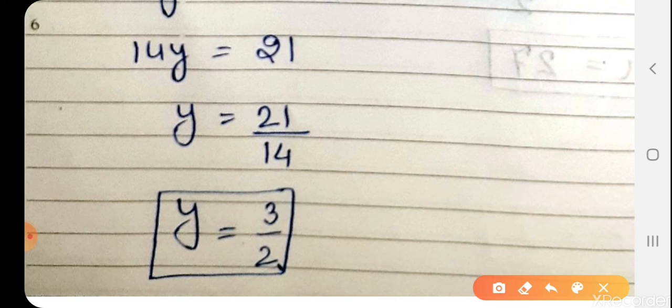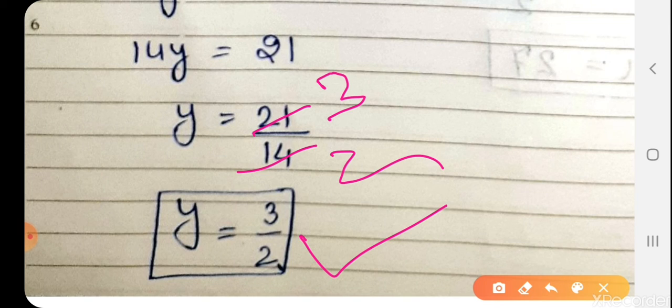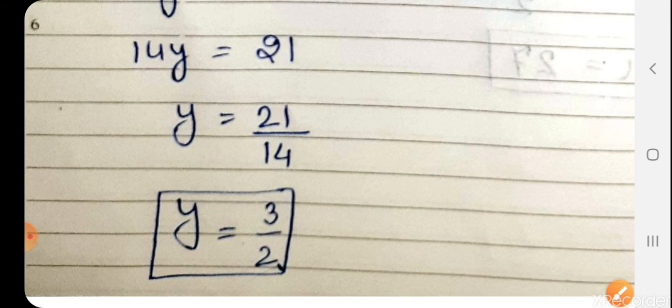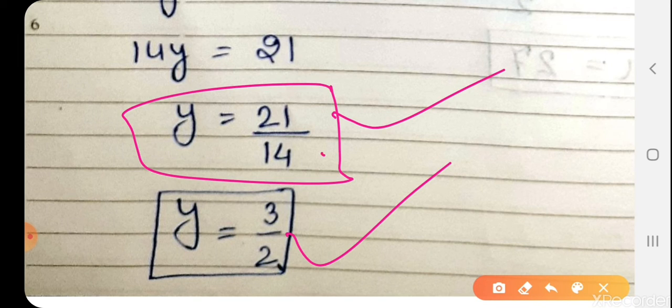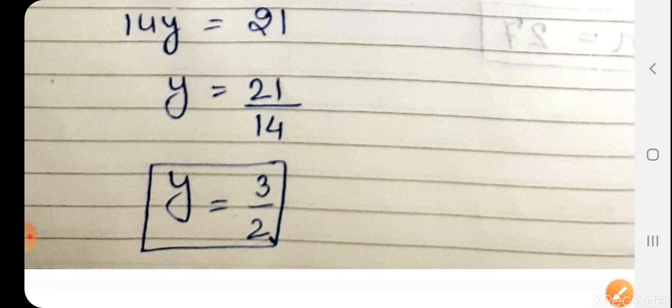After reducing it into simplest form, both of them can be divided by 7. 7 threes are 21 and 7 twos are 14. So the answer of y can be 3 upon 2, or also it can be 21 upon 14. Both the answers are correct.